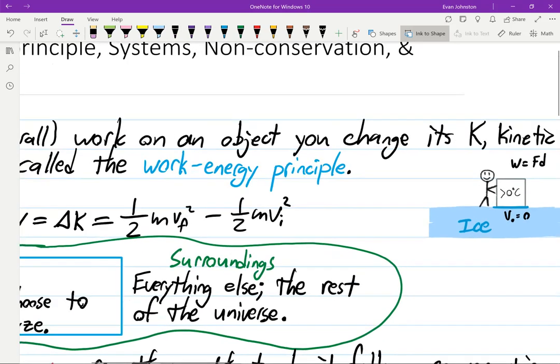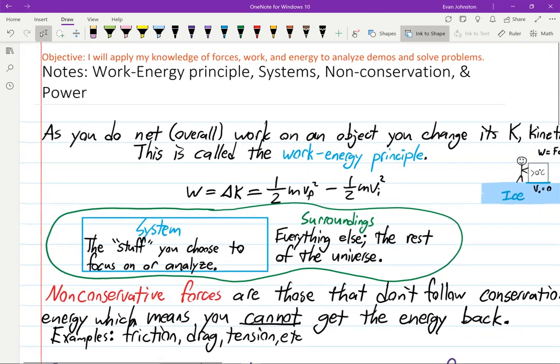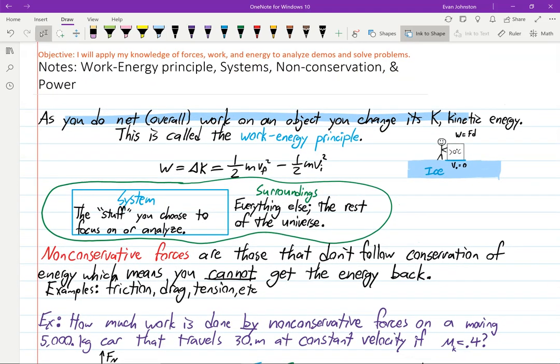All right. And so that's really all this work energy principle is. It's saying that as you do net work, so as you do overall work on an object, you change its kinetic energy. And that is this work energy principle. You lose energy, it goes into something that's going to make it move faster, typically is the case.